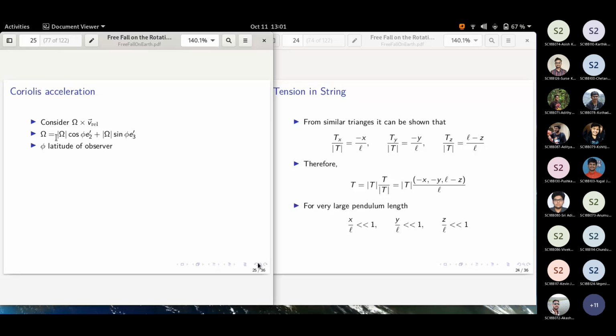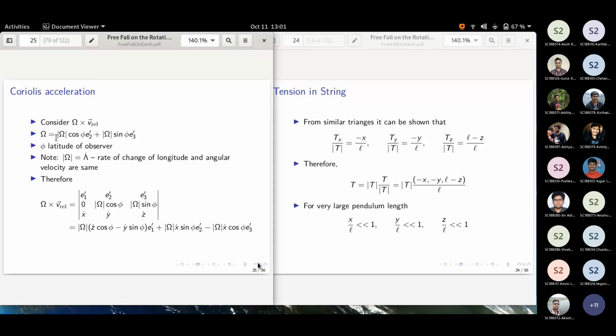Here phi is the latitude of the observer. Depending on the latitude, these components are going to change. In addition, you should notice that the modulus of omega is nothing but lambda dot, the rate of change of longitude, and angular velocity are the same. That is for your reference.